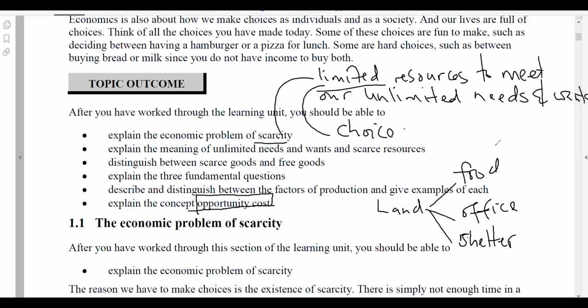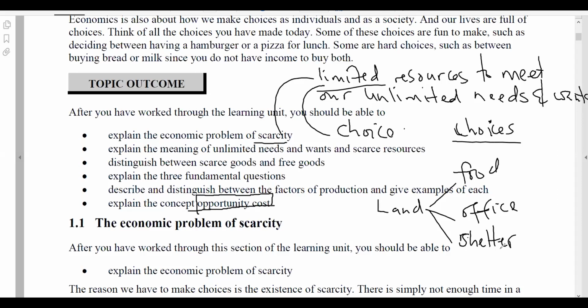If you are able to rank the choices, so we're saying these are choices or options that you are presented with as to how you can use the resource land: either you can produce food, an office block, or a residential area.